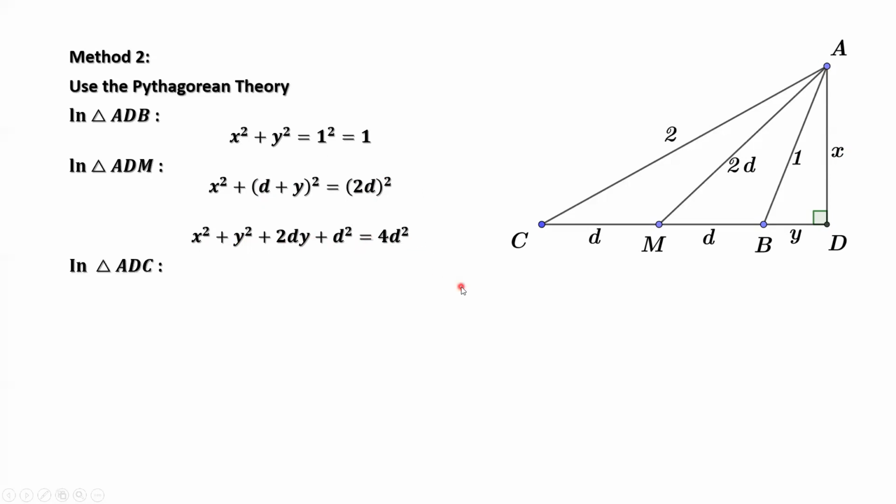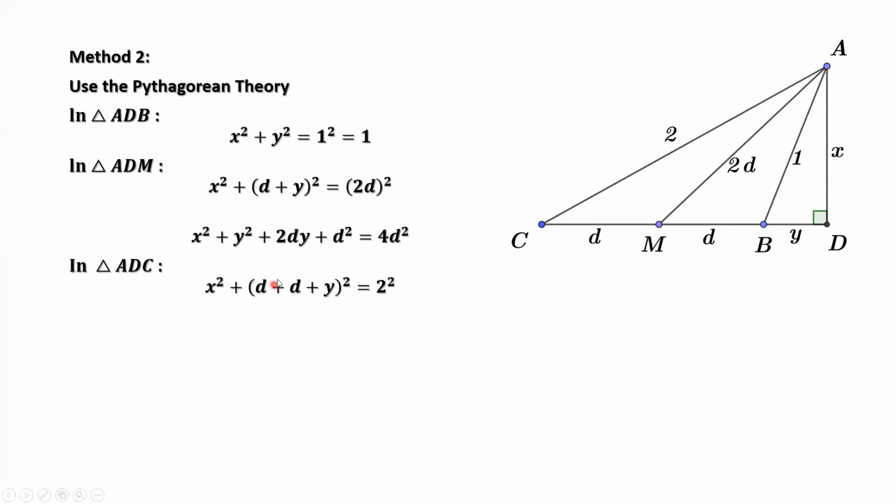Now consider the big triangle, which is the right triangle ADC. X squared plus this side squared, which is d plus y squared, equals this side squared, which is 2 squared.